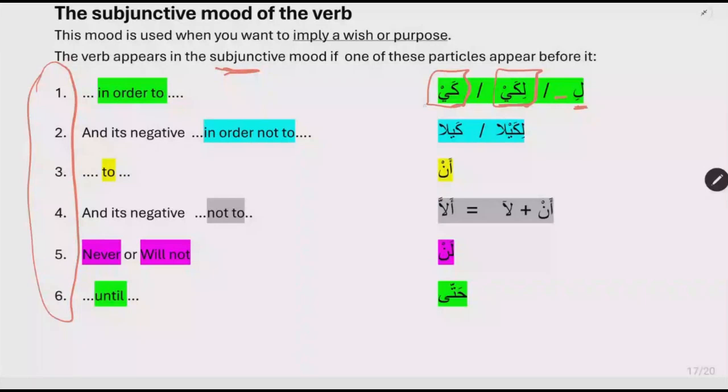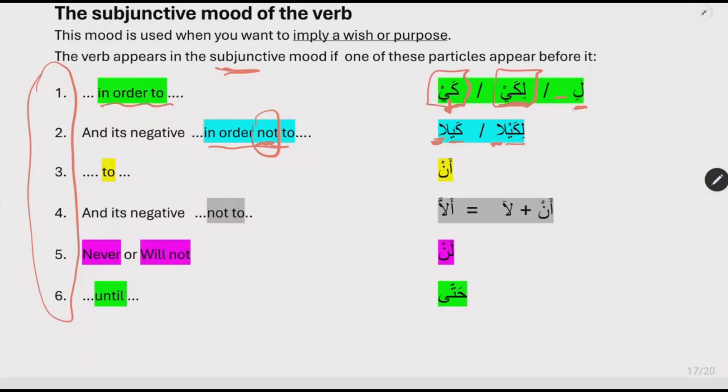If you look at the negative of this form, in order to becomes in order not to. Can you see the negative here? All you're doing is adding a la to it. Can you see the kay la? Kay and then la. So this is in order not to. Even this one, you're adding a la to it. So that's in order not to.